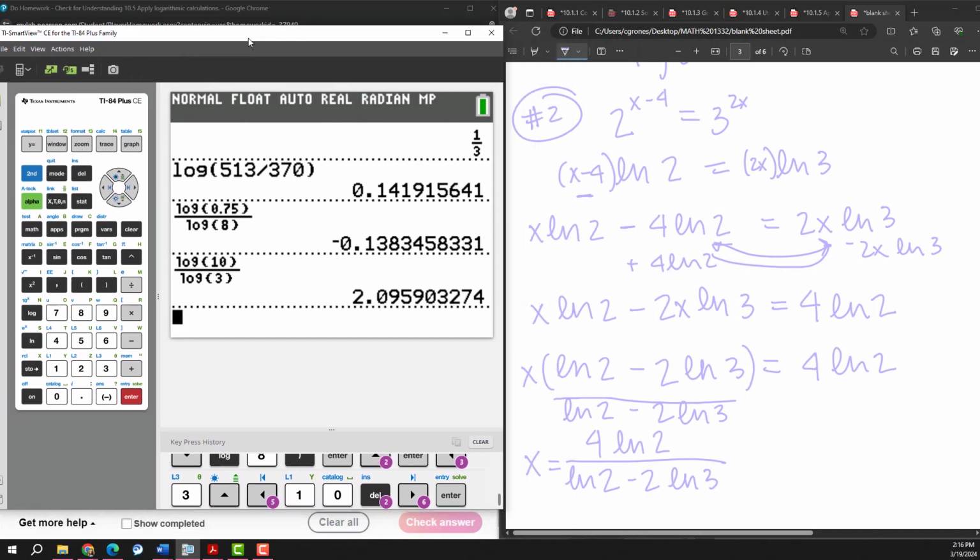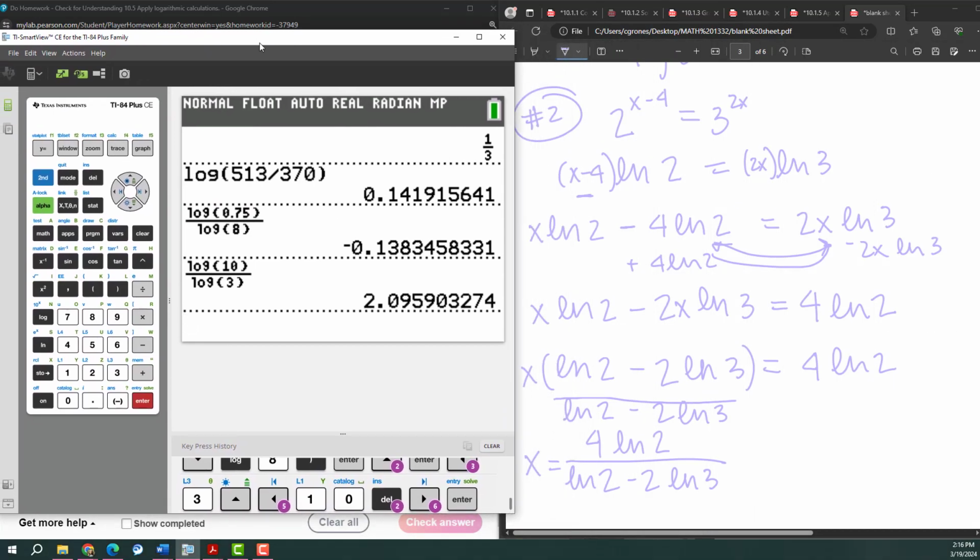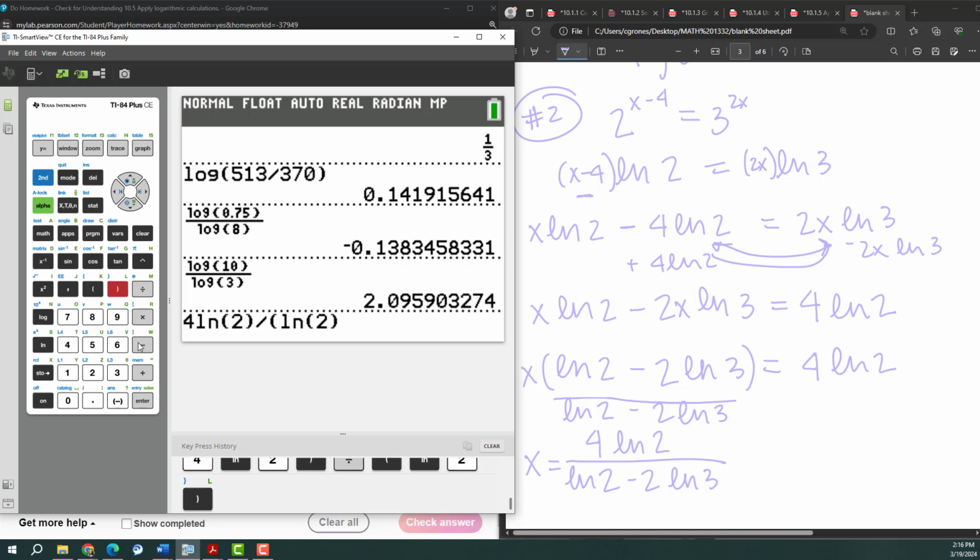Let me move this over. And I have 4 times the natural log of 2 divided by, and I'm going to put this in parentheses, the natural log of 2 minus 2 times the natural log of 3.